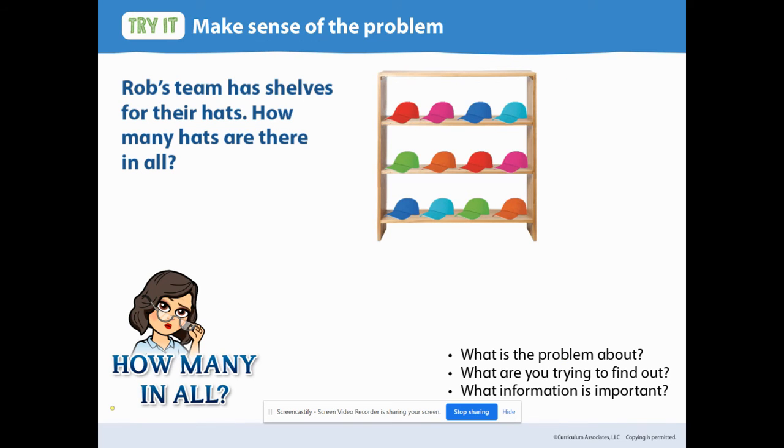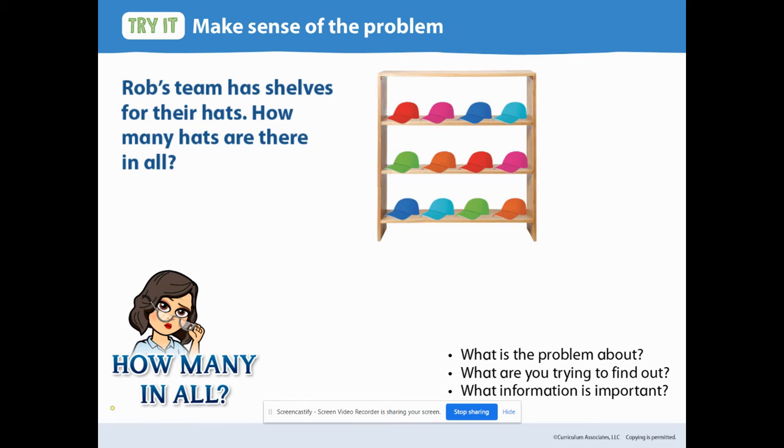Here's our Try It. Remember, we're just trying what we know and what strategies we have from past lessons. So let's get started. Rob's team has shelves for their hats. How many hats are there in all? So what is the problem about? Rob's team has hats on shelves.